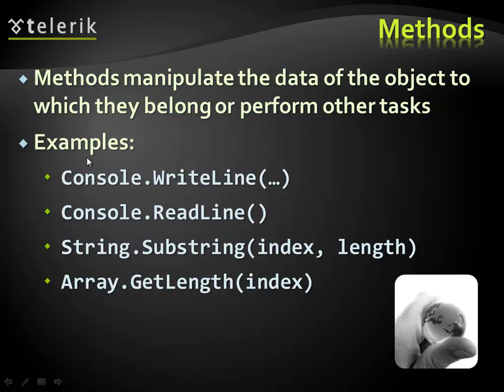So accessing the methods in a class is similar to accessing properties. If it's a static method like ReadLine or WriteLine, we set the name of the class and the name of the method. And if it's a non-static method, we just call it with an object.